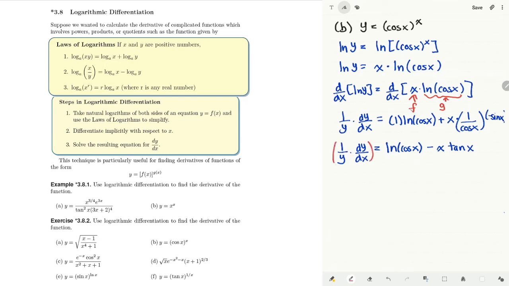So now we'll multiply both sides by y and replace y with the original function. So dy over dx is equal to cos of x to the power of x times the natural log of cos x minus x times the tangent of x. And this is our derivative.